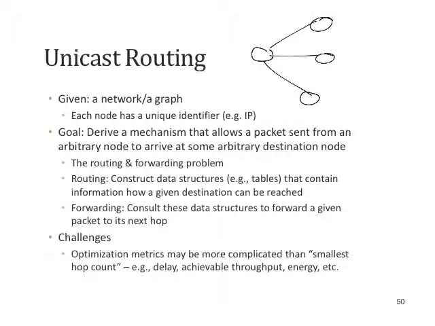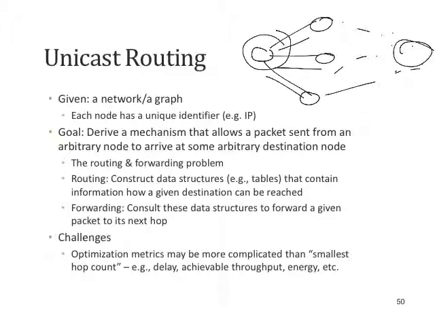So we don't have the global picture of how to get to the destination, but this node has to take an initial local decision. Should I forward the packet to here or here or here, without having the global picture? That's the difference between routing and forwarding.